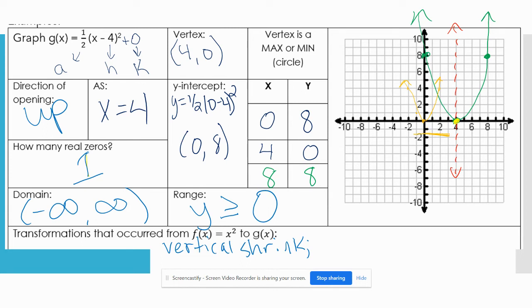Notice that this traveled to the right 1, 2, 3, 4 spaces. And so this shifted right 4 units, which is what we talked about in the very beginning, that whatever's inside with x is going to tell us that we're going left or right. We didn't go anywhere up or down because of the 0 on the outside.